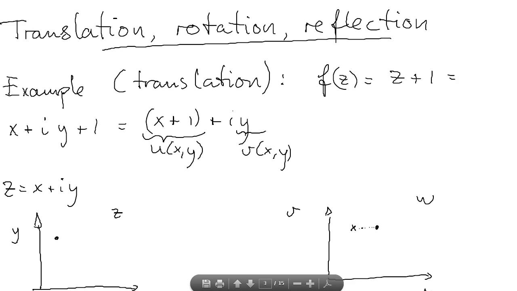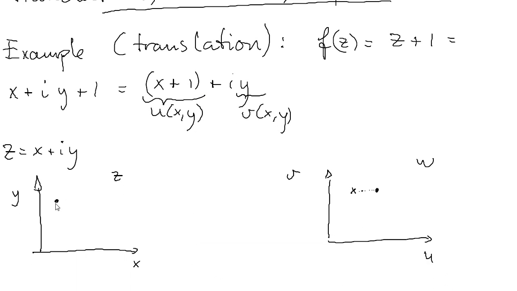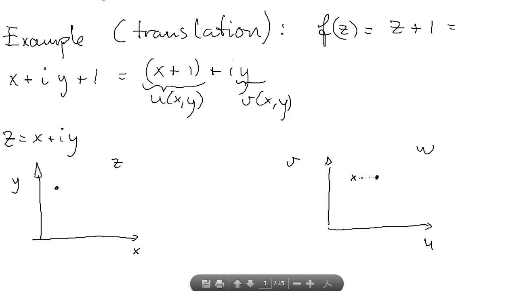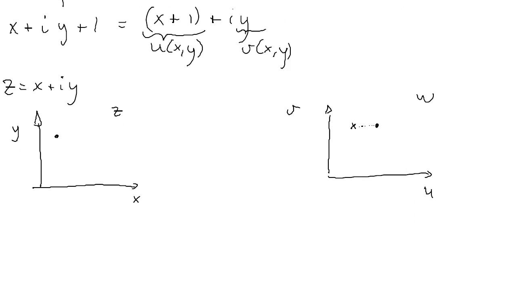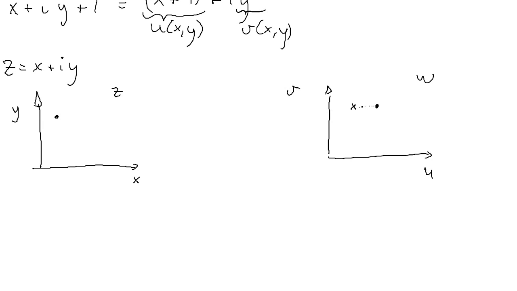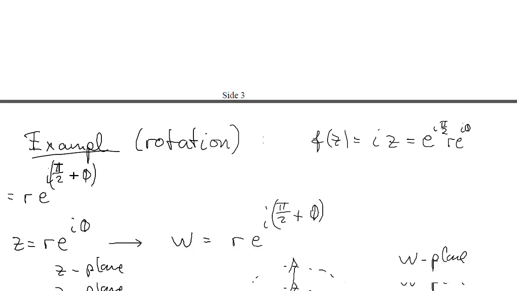So each point in the domain of definition is translated 1 in the direction to the right. So you see that this is some translation. You see why this function is called a translation.